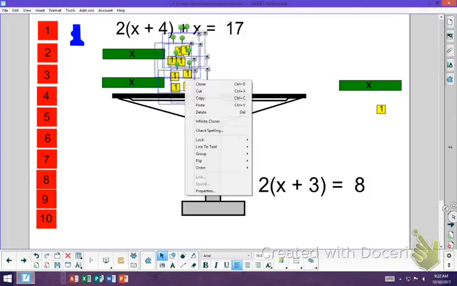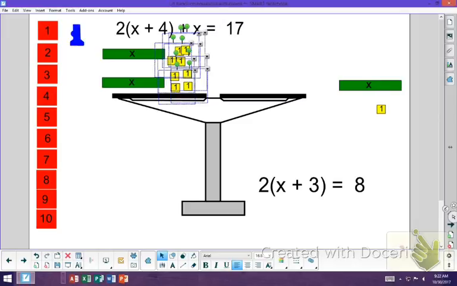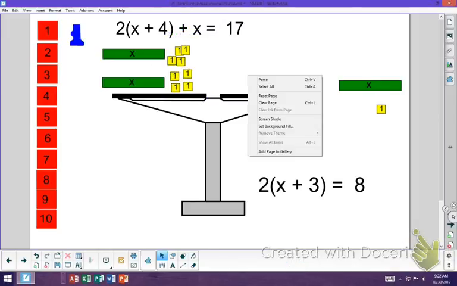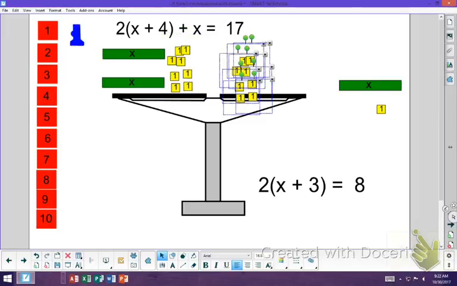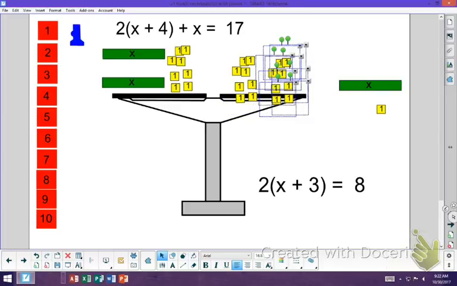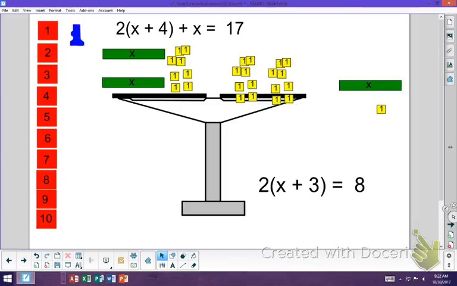And then I'm going to go over here and paste them. So that should be 16. I'll bring one more over, so I should have 17 now. So now, oops, I missed an x. So I should actually have 3 x's total plus 8 equals 17.